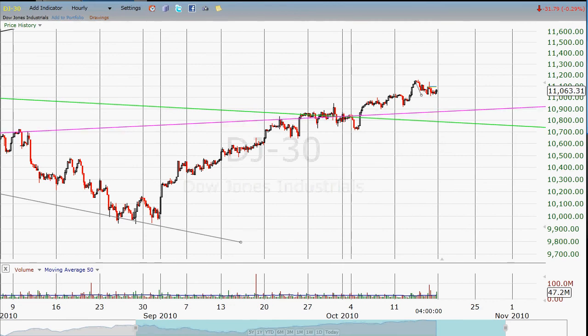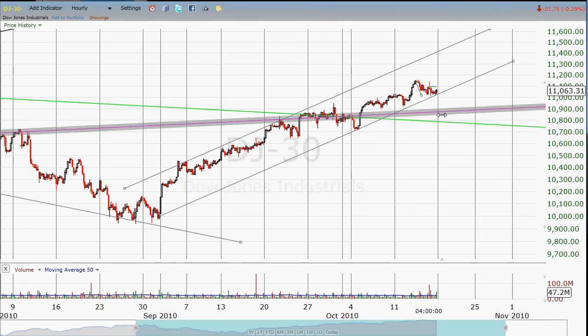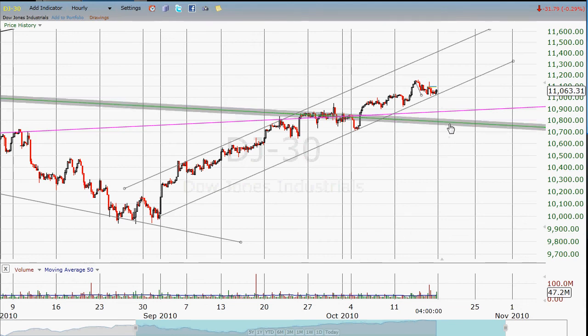And it appears now that the Dow is just in a channel. At some point, it's going to break. When it does break, I would expect the neckline here to be strong support. They typically are. Additionally, you've got this green line, which should also act as support.